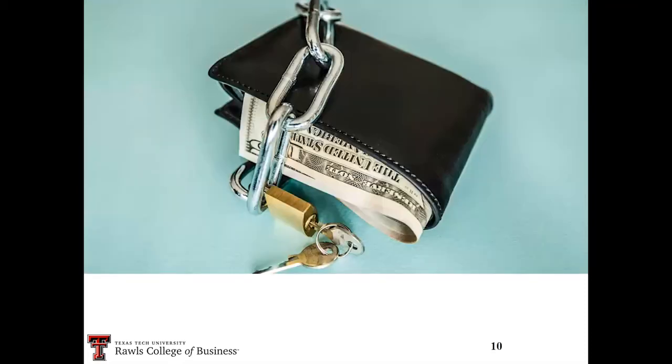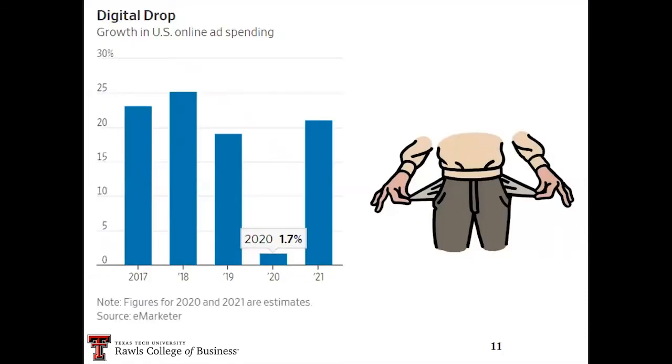But because COVID had such a big impact on all these different companies, businesses had to tighten their budgets. And when they tightened their budgets, they didn't have as much money to spend on advertising as they had in previous years. And we can see that ad spending, online ad spending in particular, dropped significantly.